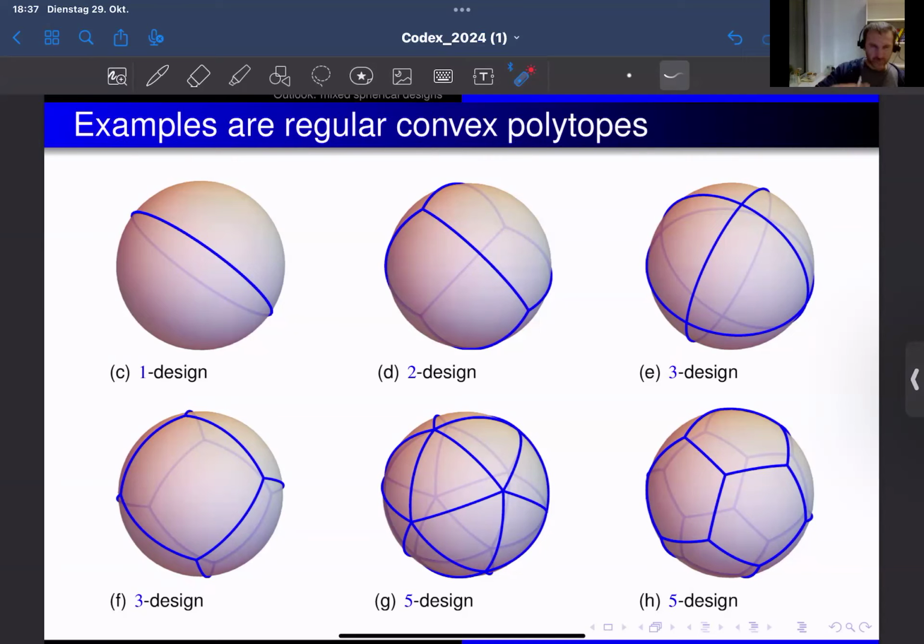So I project the actual edge onto the sphere, and this turns out to be a 2-design, because its symmetry group is nice enough, it's 2-homogeneous. The people that construct t-design points already know that the vertices of the regular simplex are also a 2-design. And the same happens with this here, which is the octahedron.